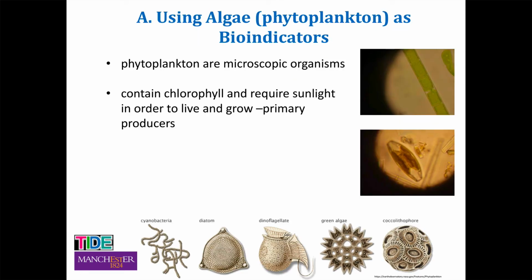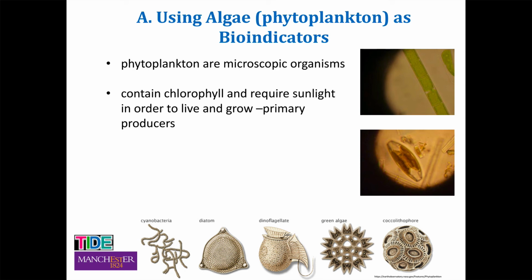So instead of using macroinvertebrates, in lakes we can use algae, phytoplankton, as our bioindicator. These are microscopic organisms, and they contain chlorophyll and require sunlight in order to grow and live. And they're primary producers in our lake food web.